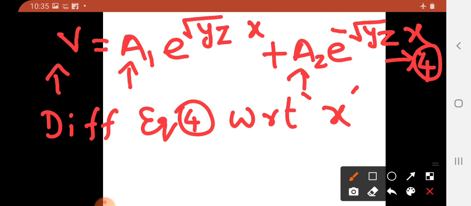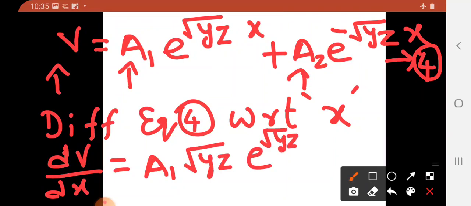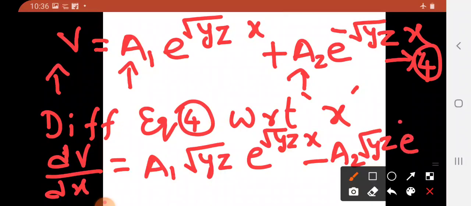Then what is the equation? dv by dx is equal to a1 times root yz into e power root yz x, minus a2 into root yz e power minus root yz into x.